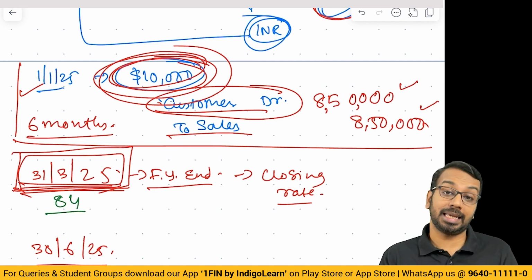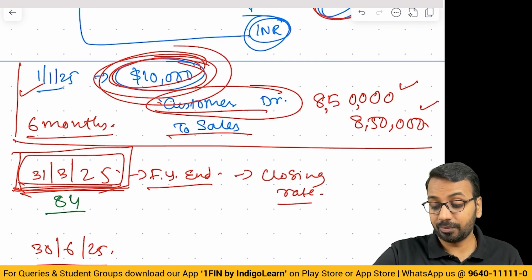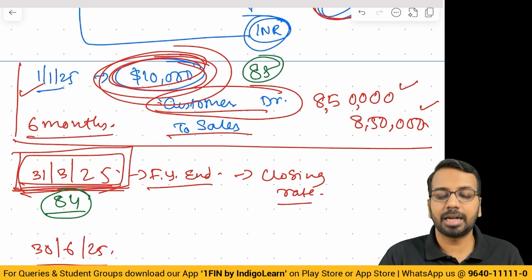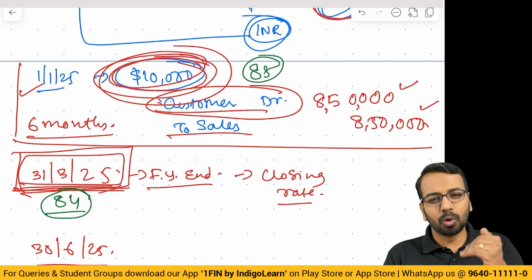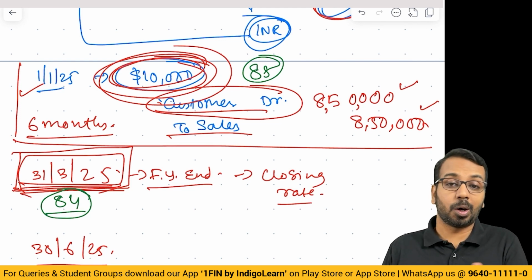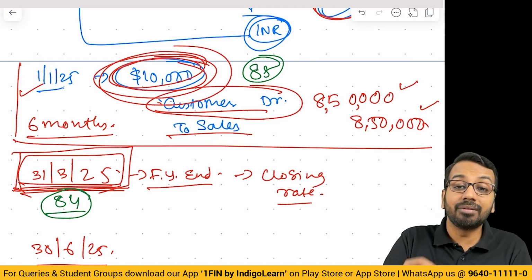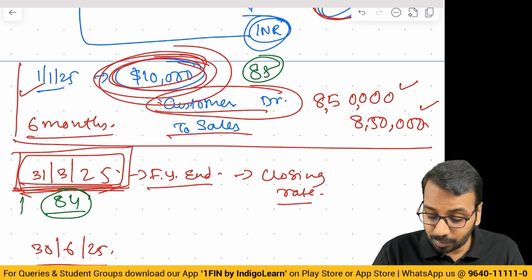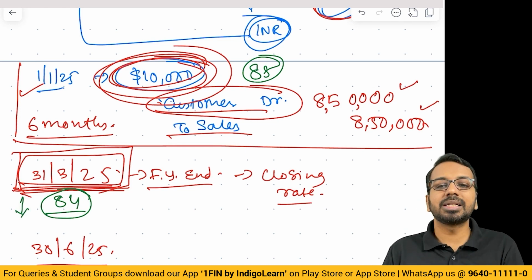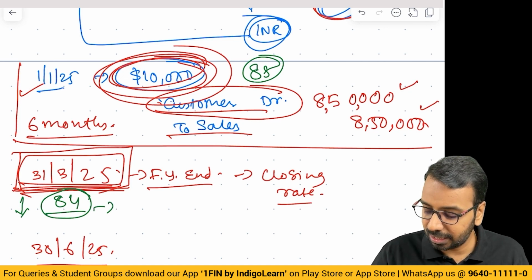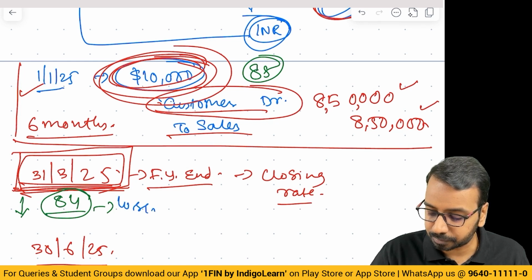The rate became 84. Now, tell me one thing. When I sold, the rate was 85. On 31st March, the rate became 84. Is it good for me or bad for me? Earlier it was 85 per dollar. So if I receive money, I will receive 8,50,000. Now, if the rate has come down to 84, I will receive only 8,40,000. So this results in a loss.